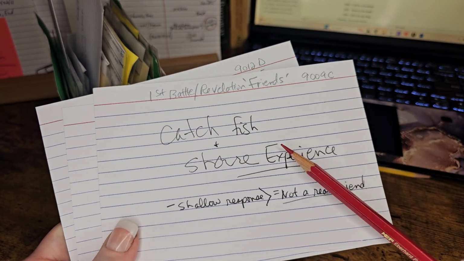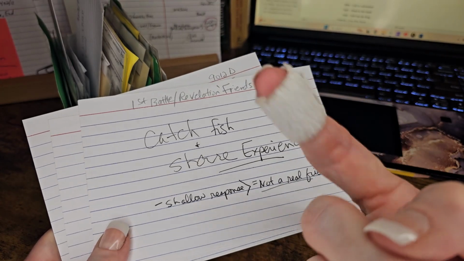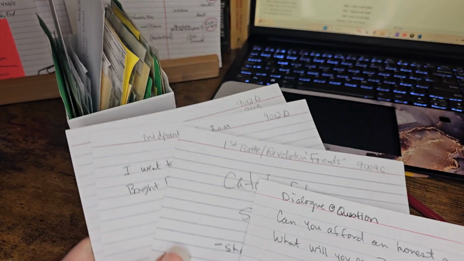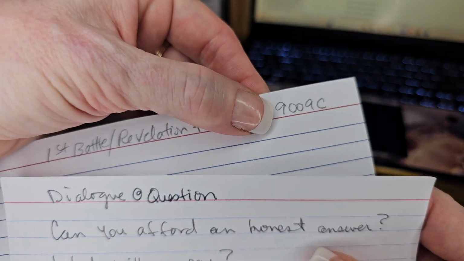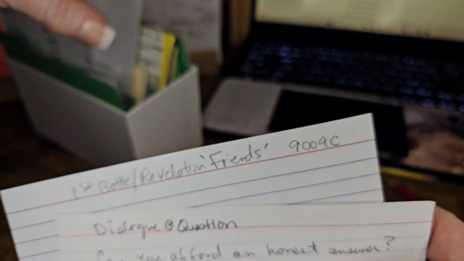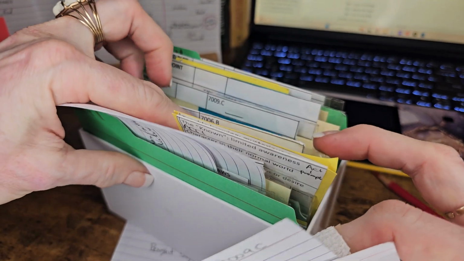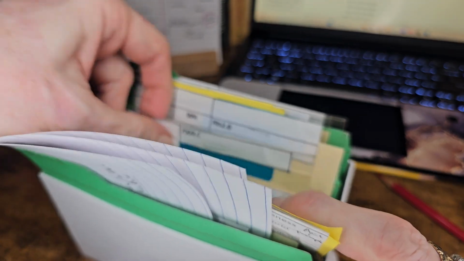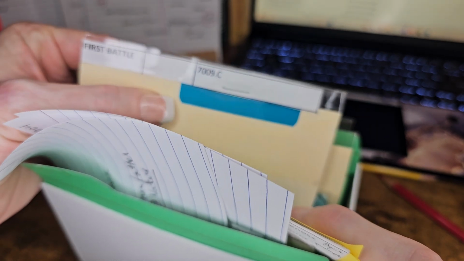Because our sweet fisherman is learning that this person is not a real friend and cannot be trusted, right? That's important. So I'm going to take those two cards and I'm going to slot them in behind that 009C spot, just because I'm marking that place in my story. There's 06, and there is my 009 first battle C card.